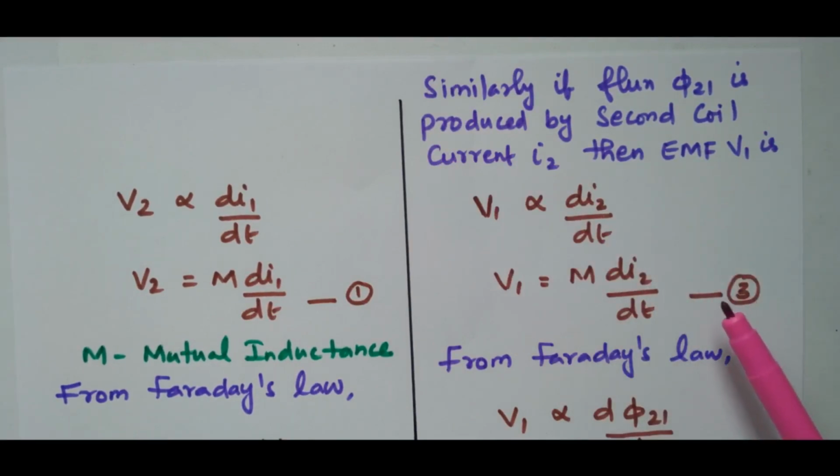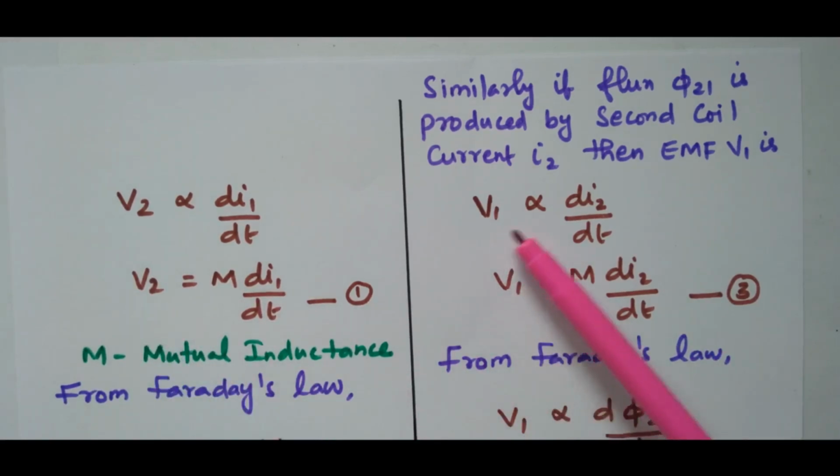Coil 2 is energized, current I2 is flowing through coil 2, and flux φ21 is produced in the first coil and EMF V1 is induced in the first coil. It is just reversed. In the first case, coil 1 is energized and EMF is induced in the second coil. In the second case, coil 2 is given the AC supply and coil 1 has the induced EMF. So we can just change the terms.